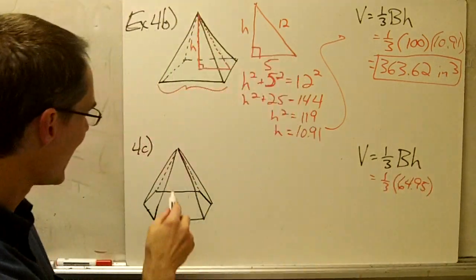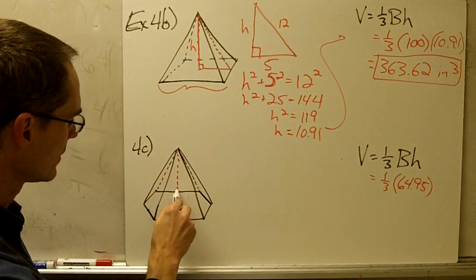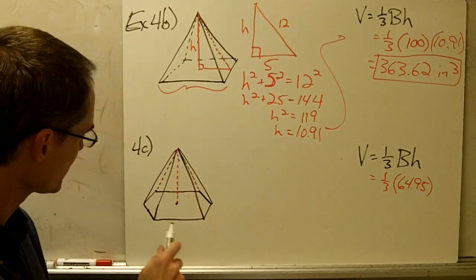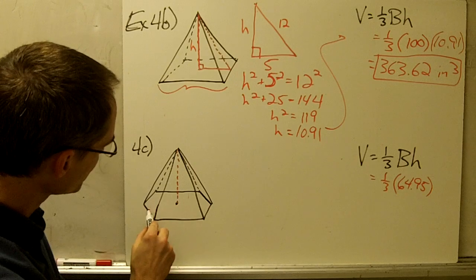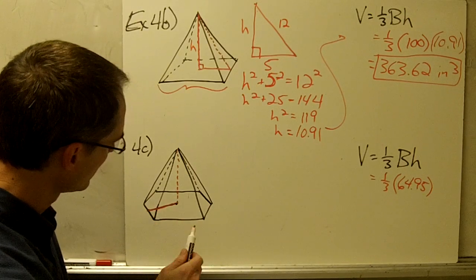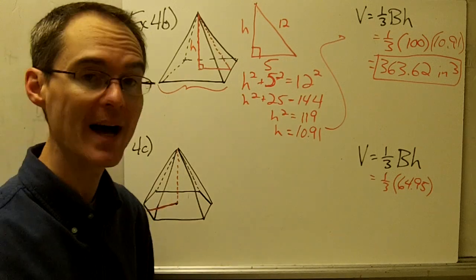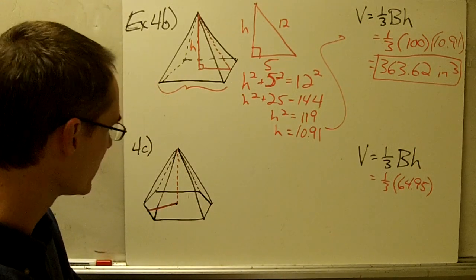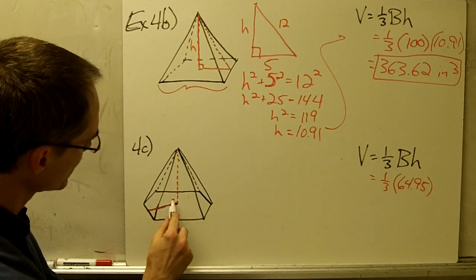So now I just need the height of my pyramid, which is this line here. Now on this one, I can see I also have this value here, which is the apothem for my hexagon. I can see that value is 4.33 feet.